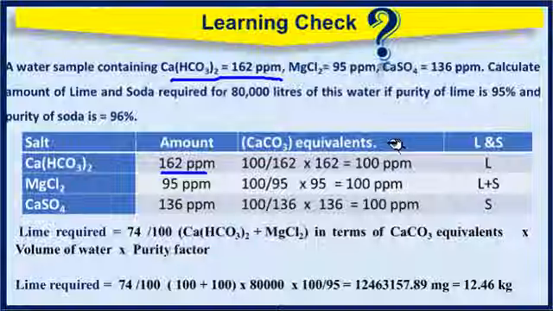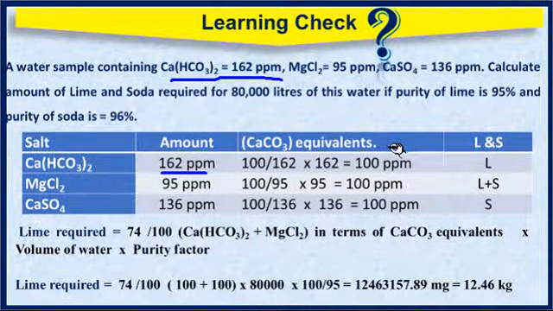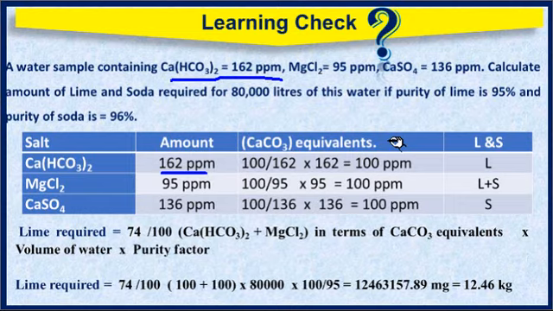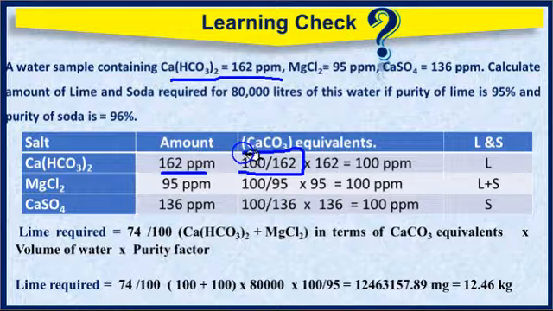Next column is the calcium carbonate equivalent. In our previous lectures, I already showed how to calculate the calcium carbonate equivalent of any salt. For this, we have to multiply the amount of that salt by its multiplication factor. What is the multiplication factor? Multiplication factor is 100 by the molecular weight of that salt.